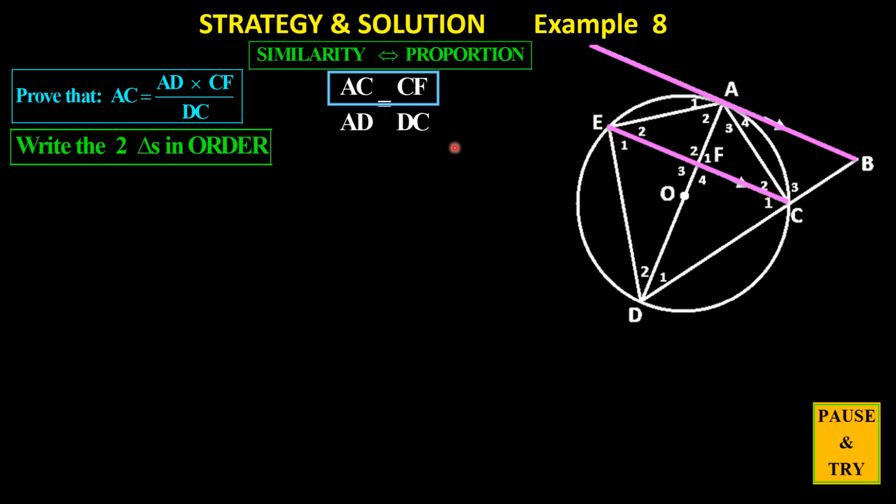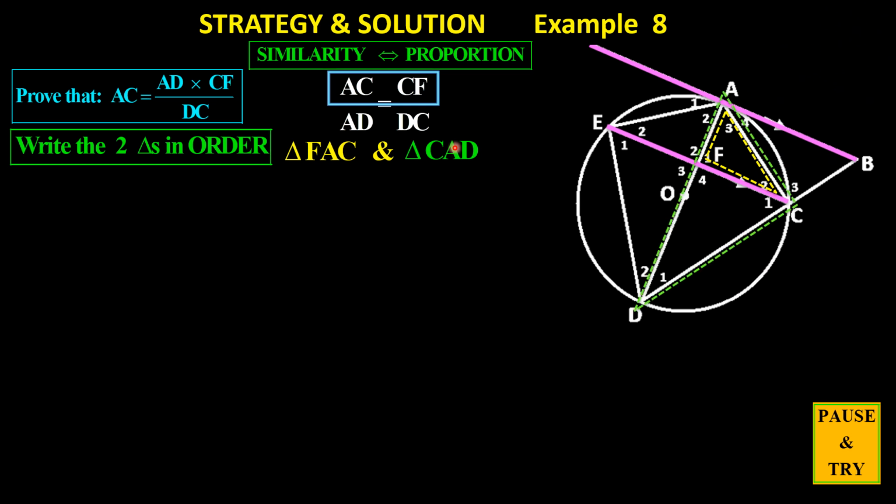So ACF, that means it's going to be FAC. And the other one is ADC, that's going to become CAD. There we got it in the correct order. Let's just identify our two triangles. That's FAC and the other one is CAD. So that's what we need to focus on.